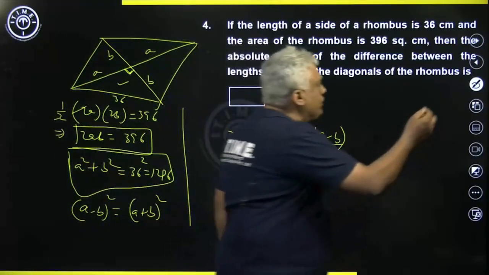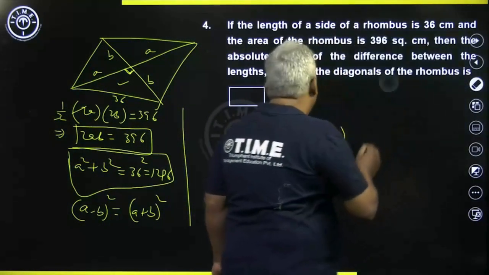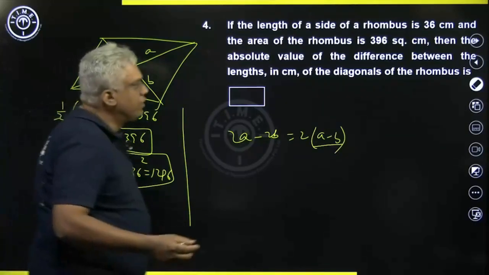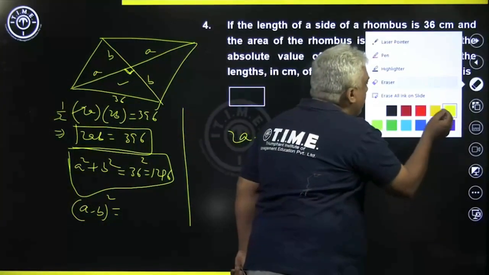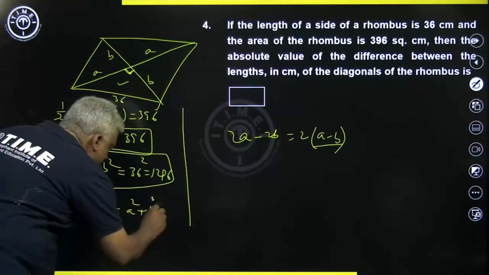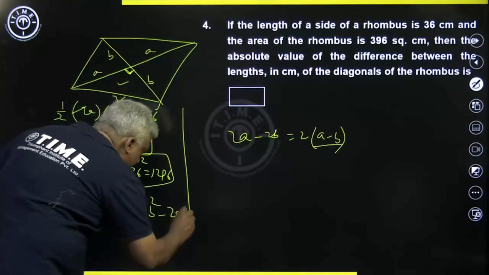So we can easily use that A square plus B square. A minus B the whole square we can simply write as A square plus B square minus 2AB.